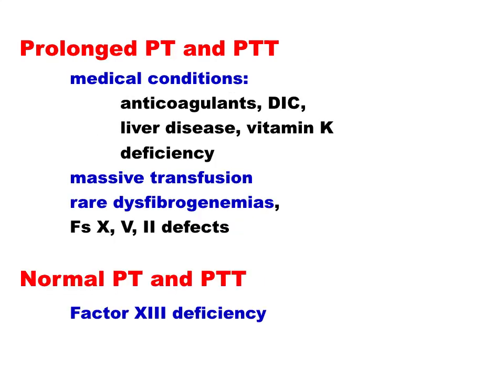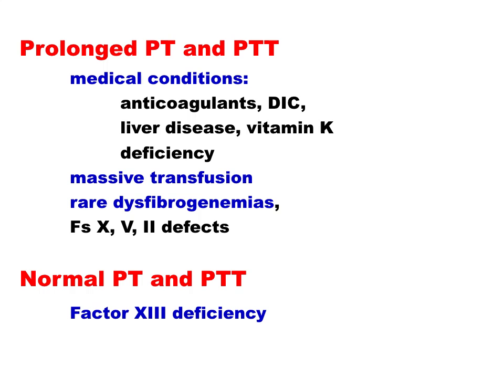What if both PT and PTT are prolonged? There are a lot of medical conditions that are associated with this. It can be the giving of anticoagulants, could be disseminated intravascular coagulation or certain liver diseases, even vitamin K deficiency.